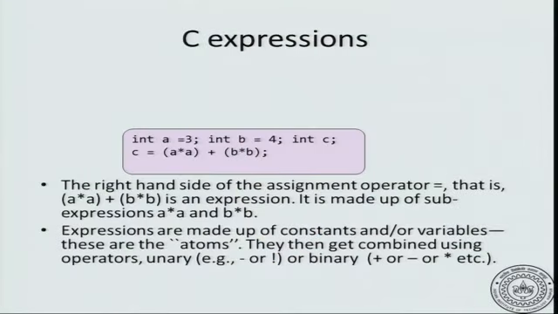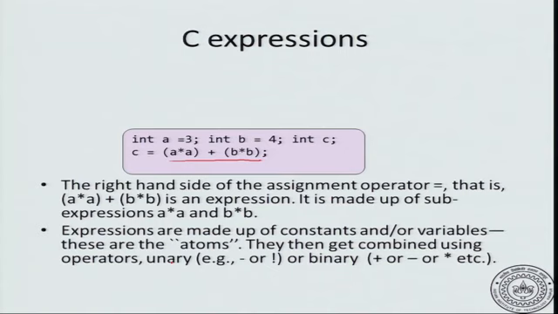So, let us consider a few example expressions. For example, I have the following: A is 3, B is 4, and I have a variable C which is just declared to be of type int, and then say that C equal to A times A plus B times B. So, this is the assignment operator, and the right hand side is an expression, and that expression has sub expressions A star A and B star B within parentheses.